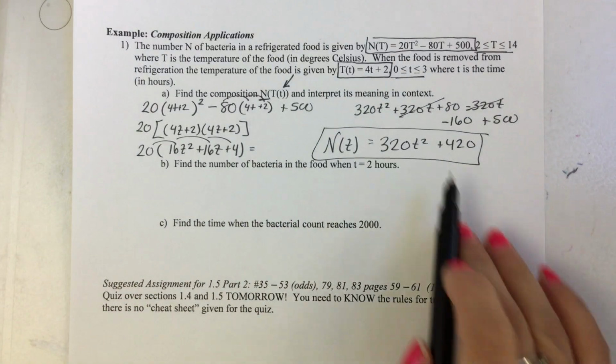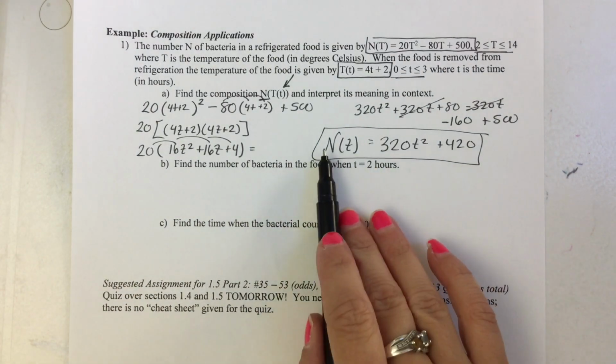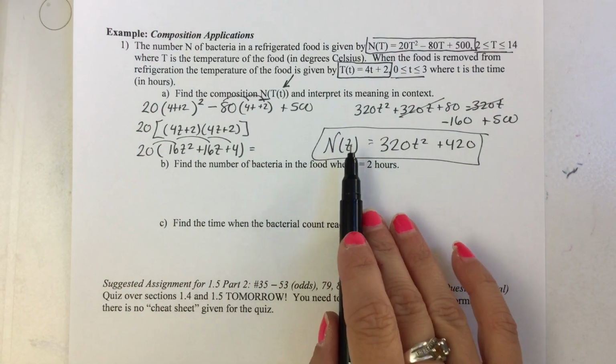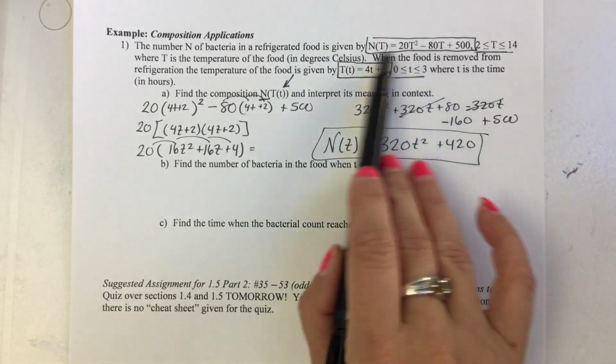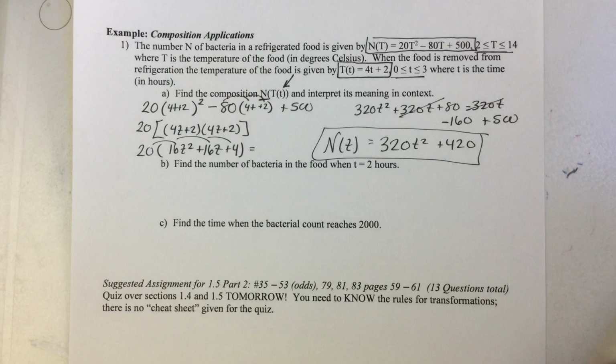So now this is easier. You can keep track of the number of bacteria in the food based off of how long it has been out of the fridge. That's a lot easier than the original where you had to track the temperature of everything. So sometimes compositions help make everyday real situations easier.